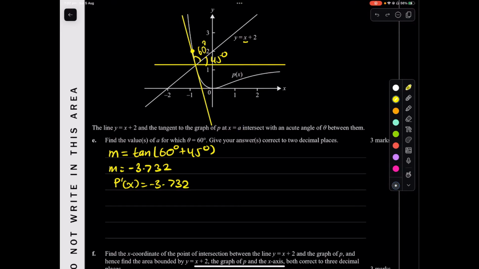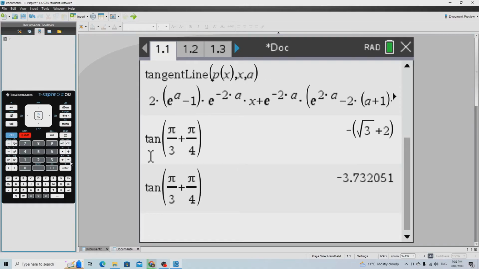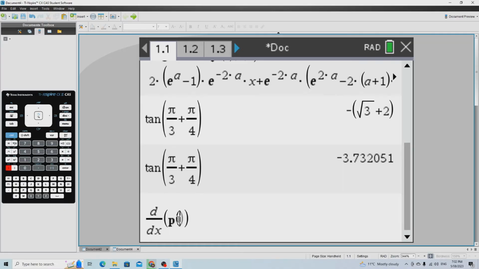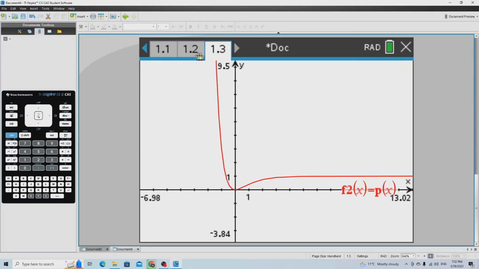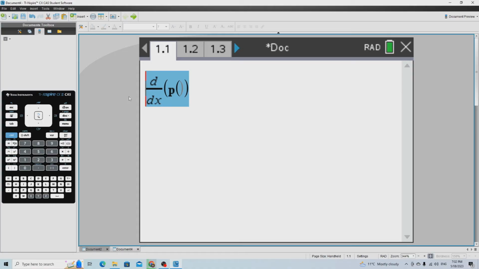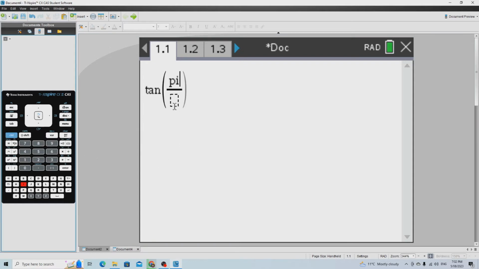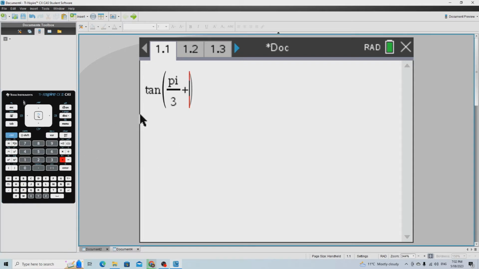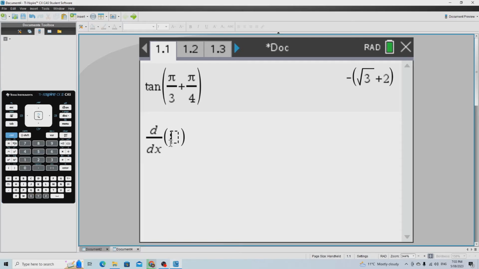So A would equal to, shift minus X, P of X. Wait, what did I do? Did I delete them? Okay, pi on 3 plus pi on 4 is this, and what we want to do is say that X, P of X is this.